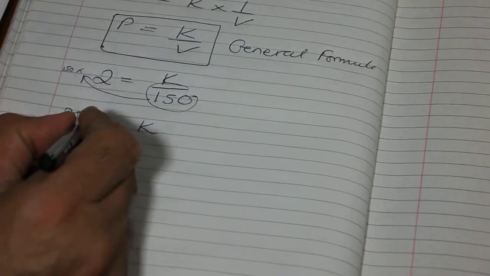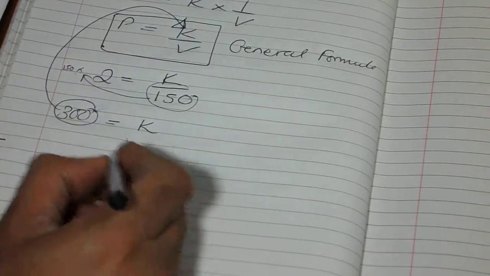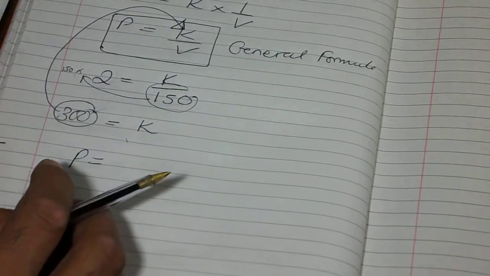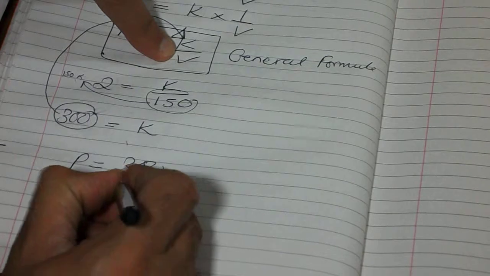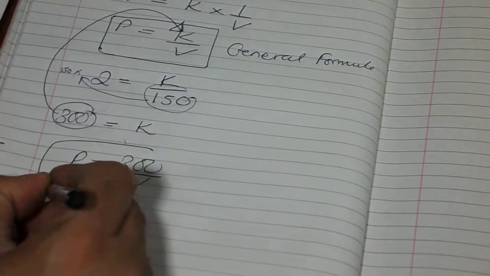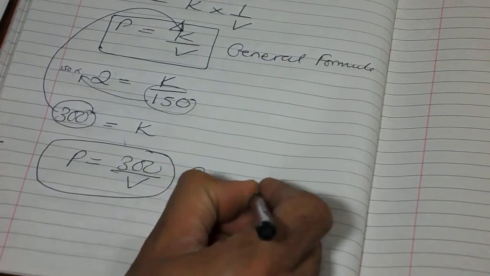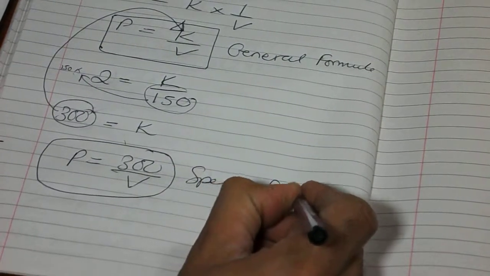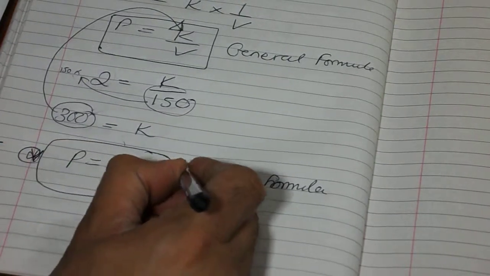Now we're going to put this value 300 back into that general formula and make it specific. So P is equal to 300 divided by V. We call this our specific formula. This is what we're going to be using for the rest of the question.